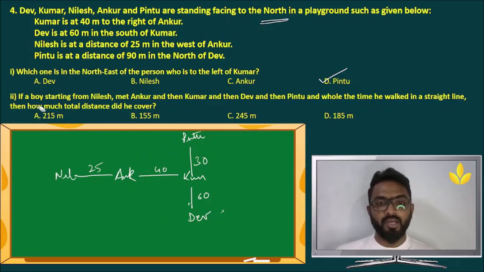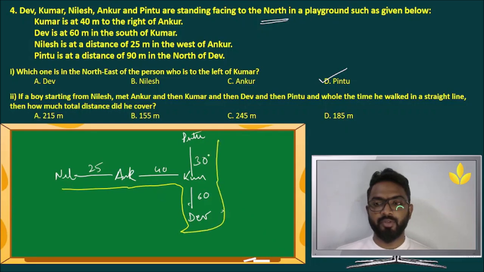Question number 2. If a boy starting from Nilesh met Ankur and then Kumar and then Dev and then Pintu, and the whole time he walked in a straight line, then how much total distance did he cover? This is a very simple answer.